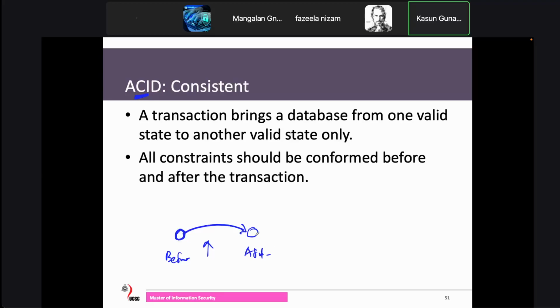Before and after, all the constraints that govern the data should be adhered to, right? There cannot be any constraint violation or integrity issues at the end of the transaction, so it should be in a proper state.